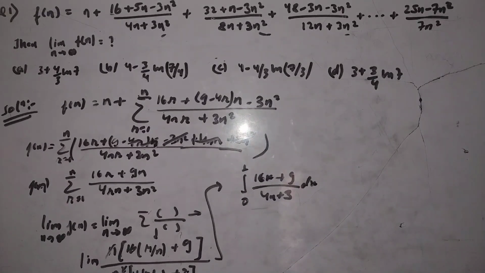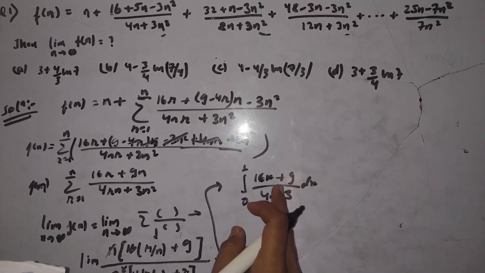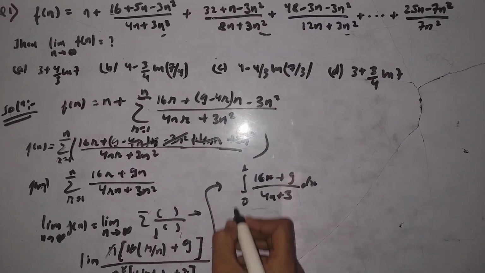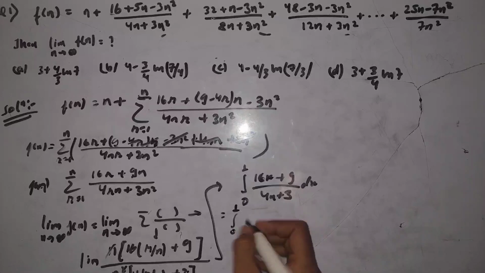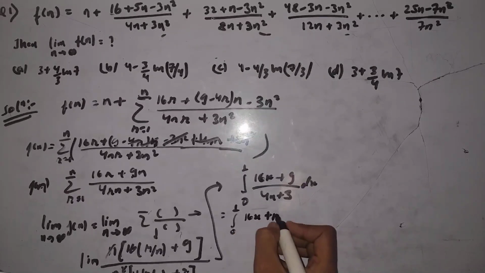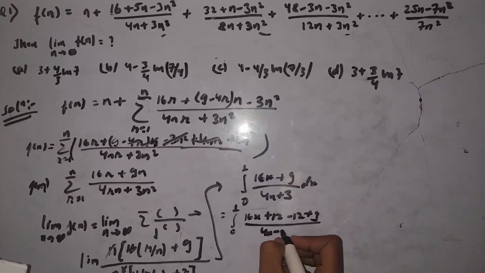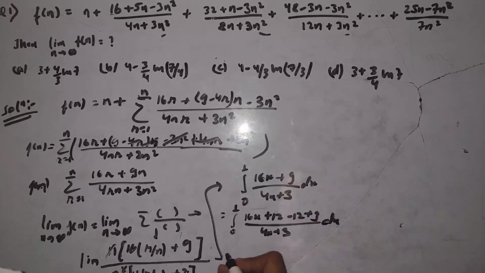Now we can see that if we add 12 and subtract 12, we can get a multiple in the numerator, so we are going to do that. So we are going to do from 0 to 1, 16x plus 12 minus 12 plus 9 upon 4x plus 3 into dx, and this thing is now 3 times a multiple of 4x plus 3.